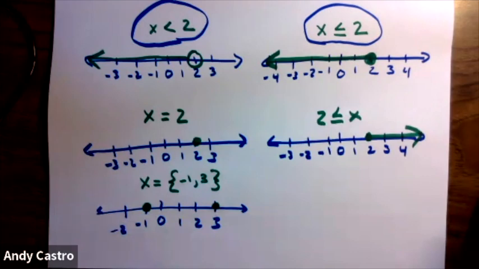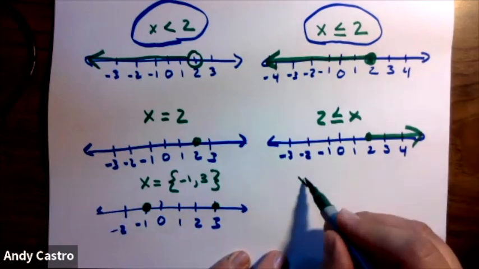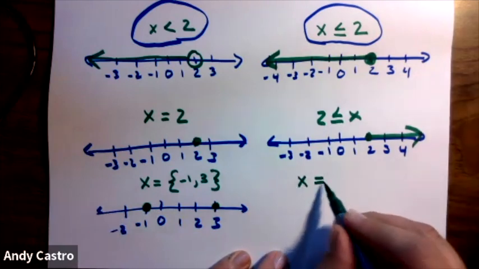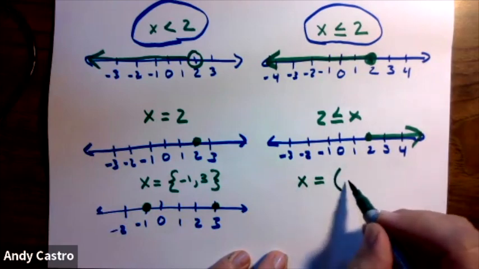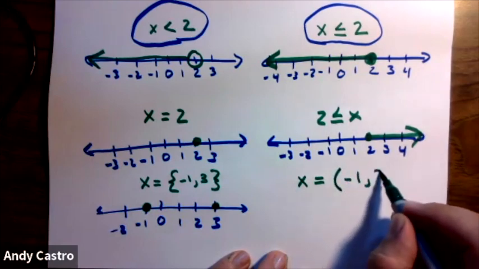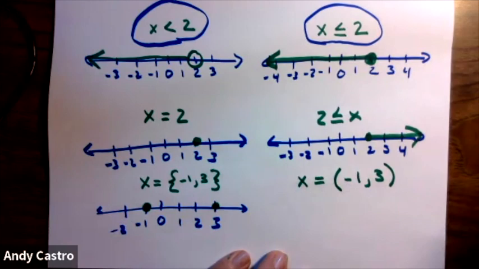Okay. But if we have the brackets like this, x is equal to -1 comma 3, open.